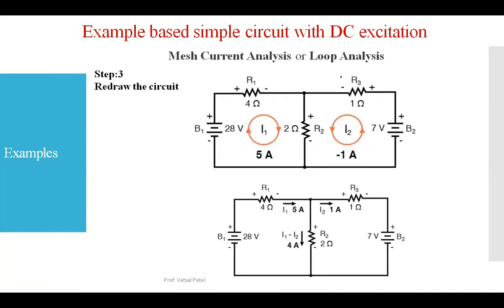If we redraw the circuit, you can see here we have to change the direction of the current I2. Then it is 1 ampere in that branch of 1 ohm, and it will be in the clockwise direction.